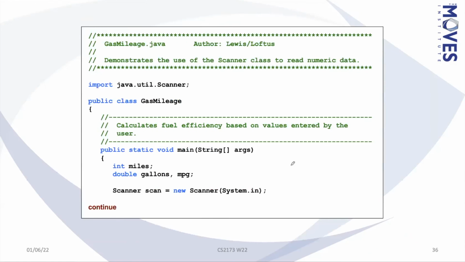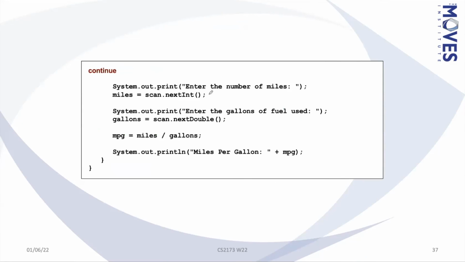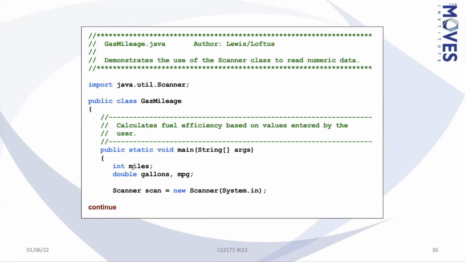And here's an example of this, where it's saying enter an integer, and we read it in using nextInt. And then enter the number of gallons of fuel that are used, and then we scan the next double, and then MPG, which was defined to be a double.